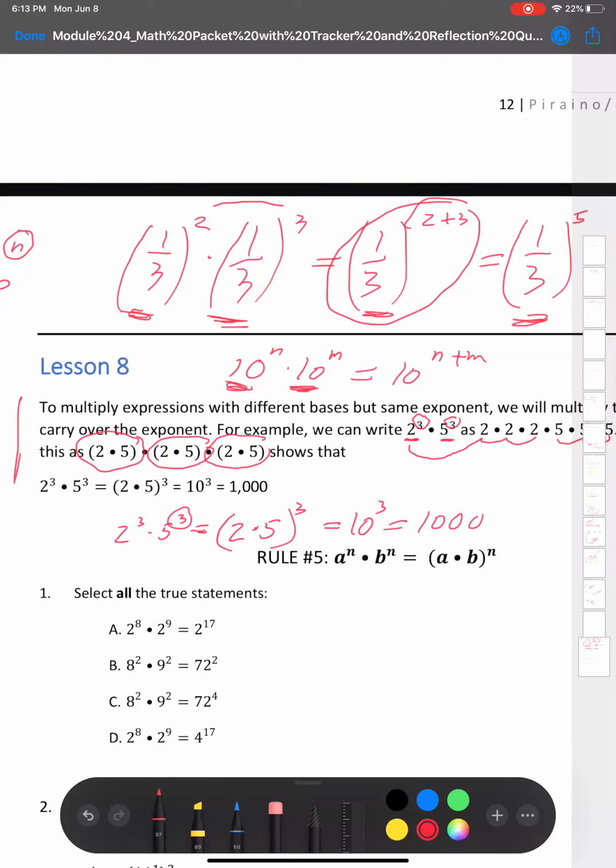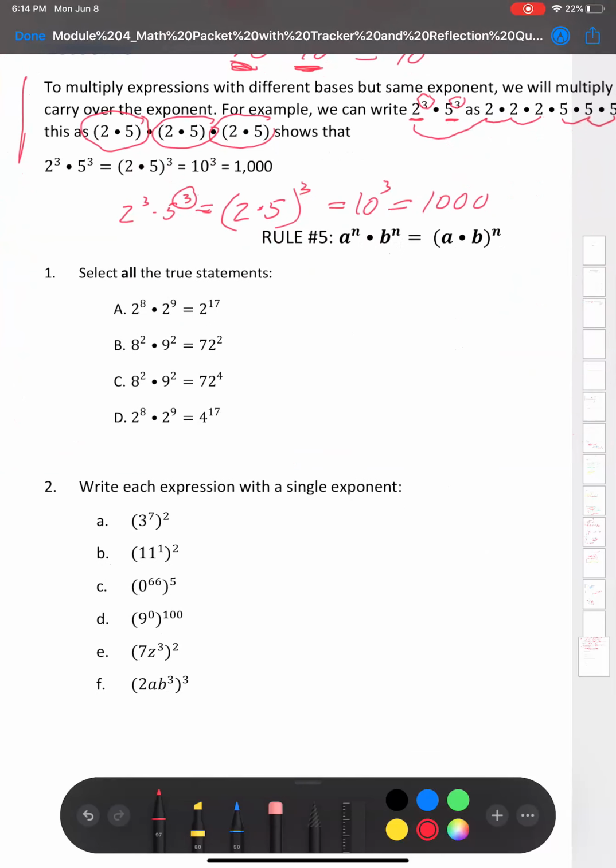If you look at these sample problems or examples, let's just look at them. Select all the true statements. Here in A, we have 2 to the 8th power times 2 to the 9th power.